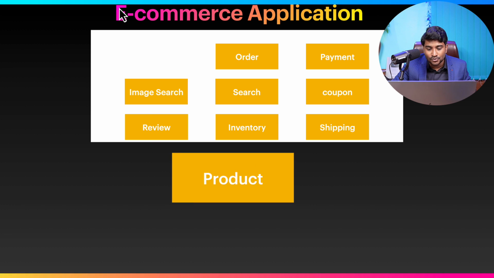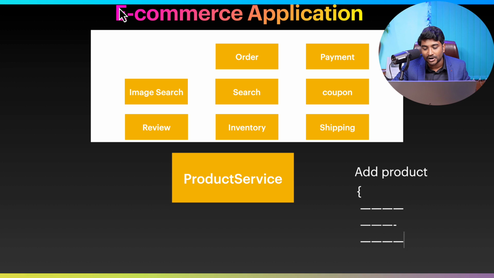Imagine you want to work with this product module. You want to create a new microservice, which is the product microservice. Imagine there is a feature on this product microservice where you can add a product, and imagine these are the code that you have in your code base. Now, when you form this microservice, you also need to make sure you have good test cases, which will have good code coverage.